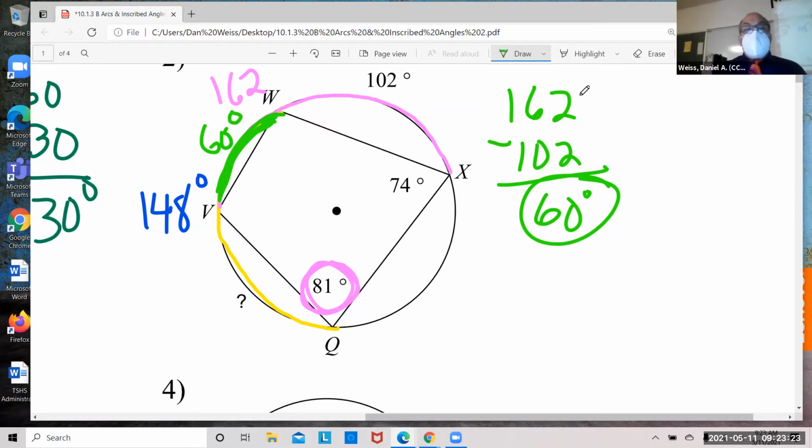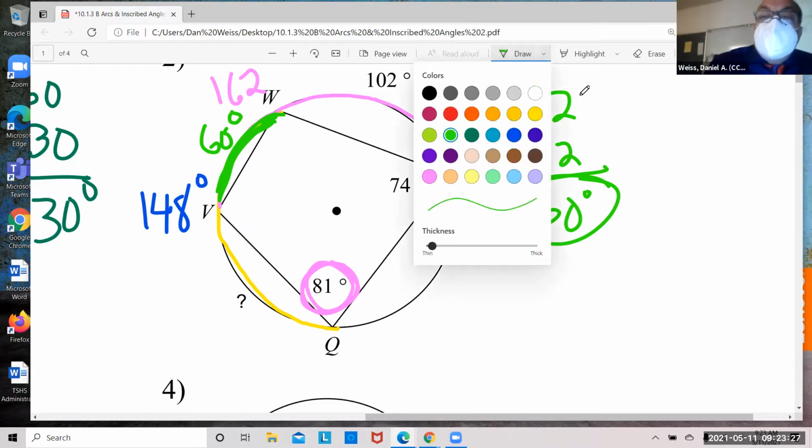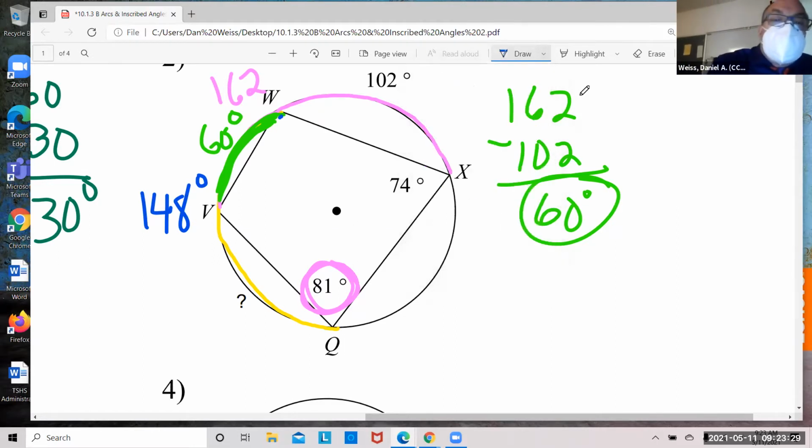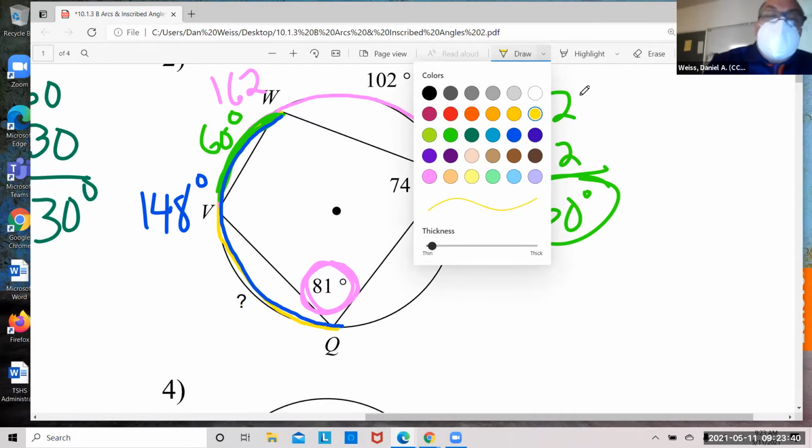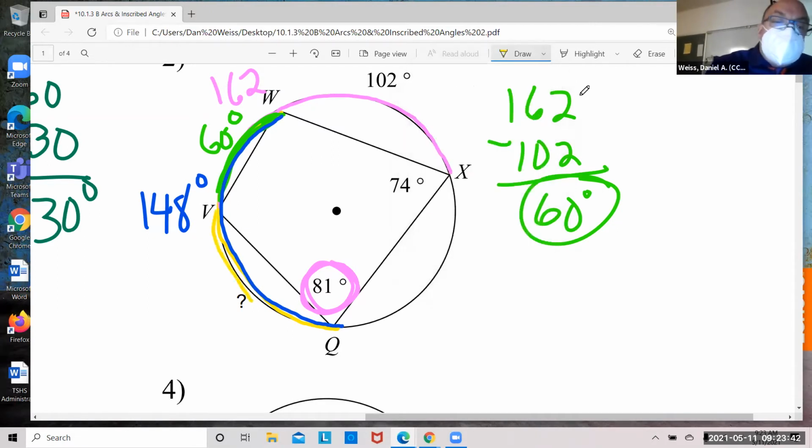Now, if I know that this blue piece here is 148, how do I figure out just this yellow piece right here? How can I get just that piece?